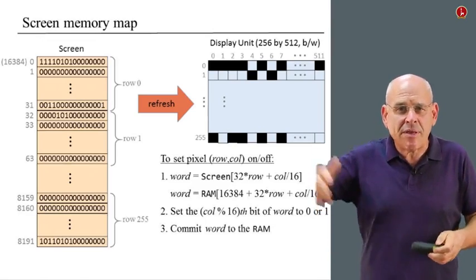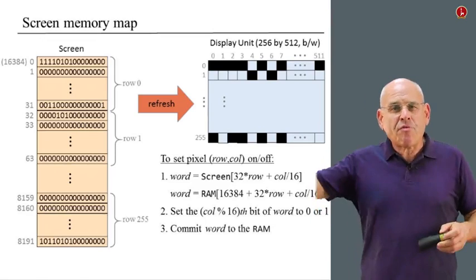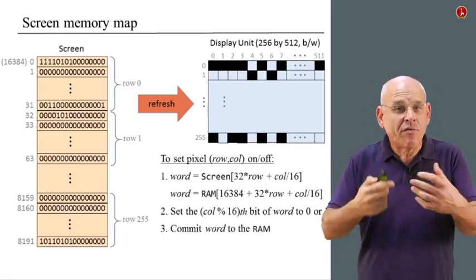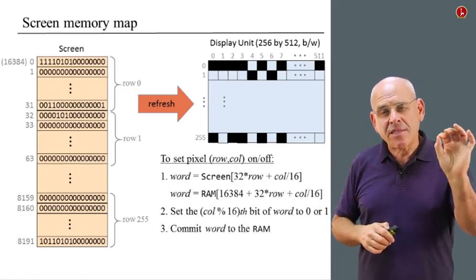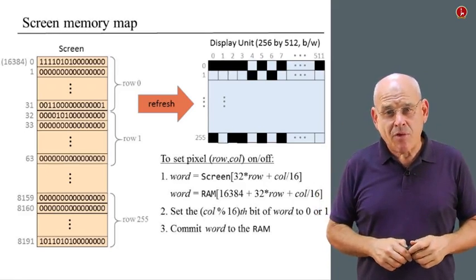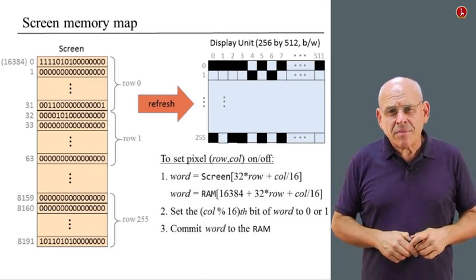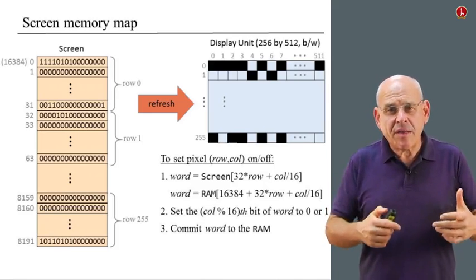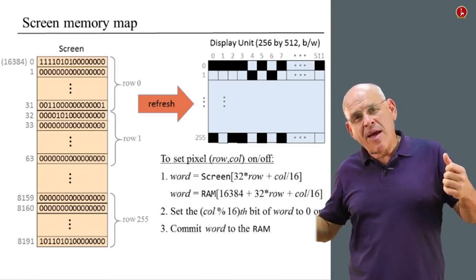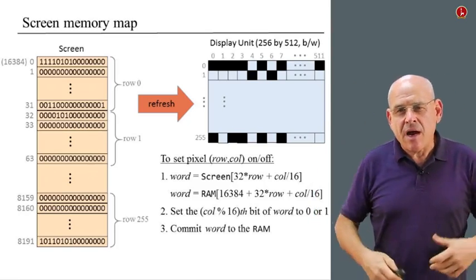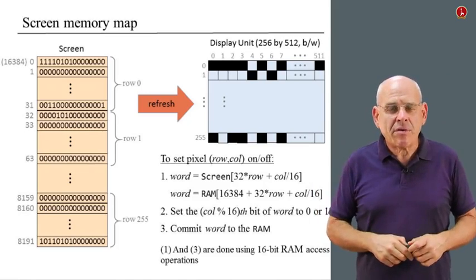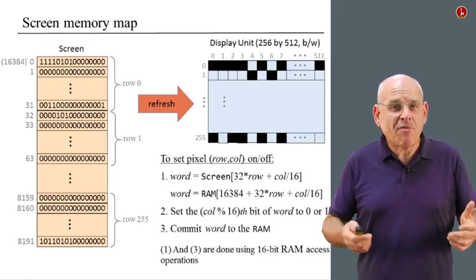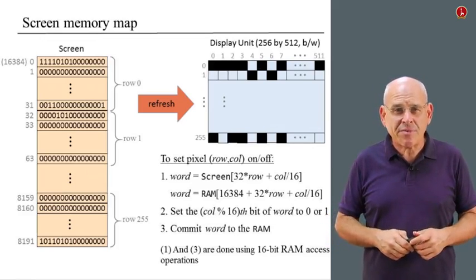Let's say that you want to change the bit in the fourth row and in column number 55. Work out the numbers and convince yourself that you're going to access the right bit in the memory. Once again, I want to emphasize that steps 1 and 3, fetching the value and writing the value back, are regular RAM operations, read and write, and we discussed them before when we talked about memory units in general.